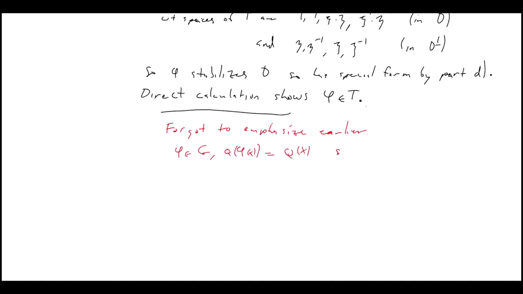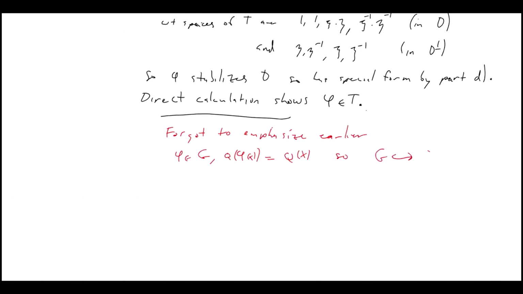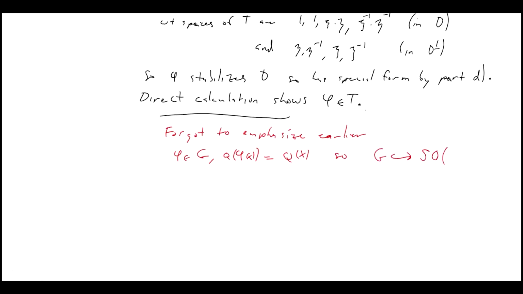And so what this means is that G actually sits inside of SO. I'm going to skirt one issue under the rug. Okay, but anyhow, from this, we get a closed embedding of G inside of a special orthogonal group.